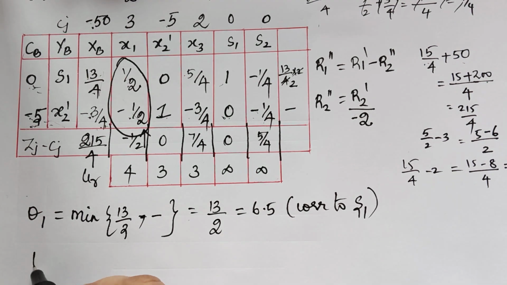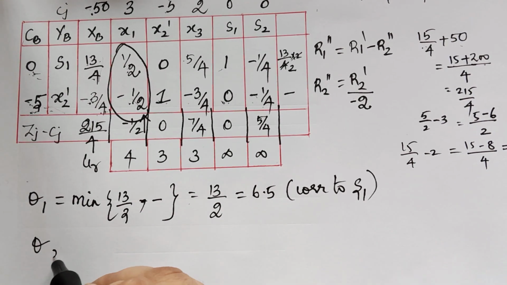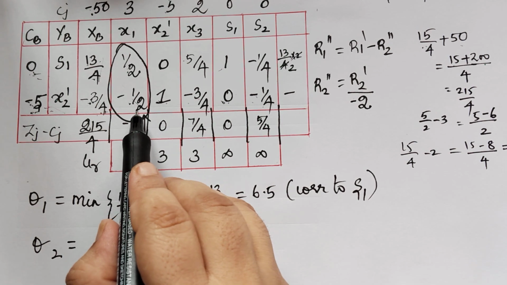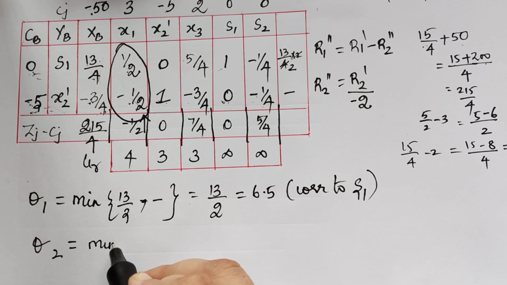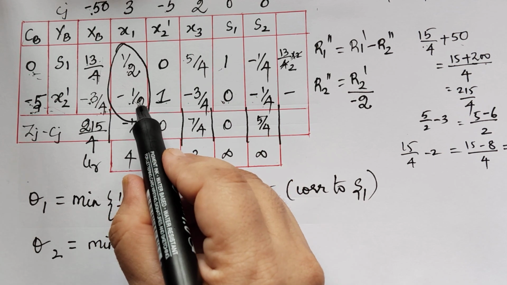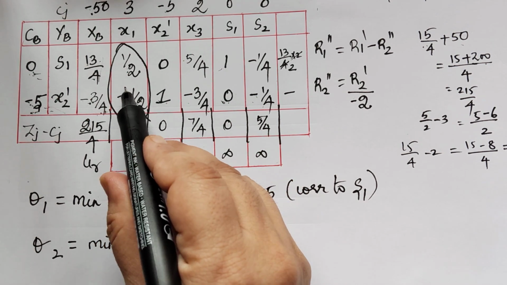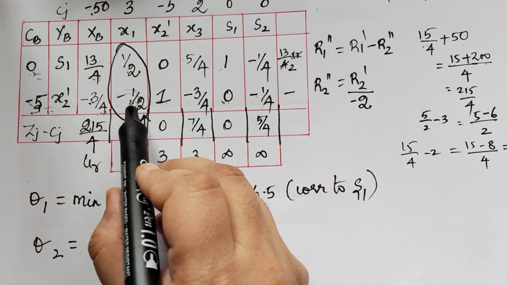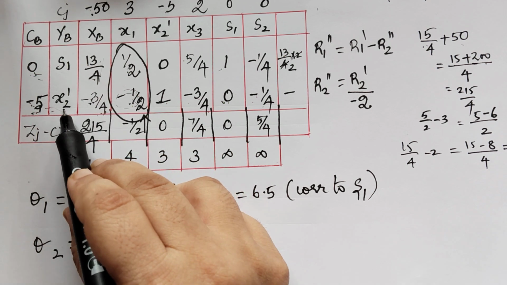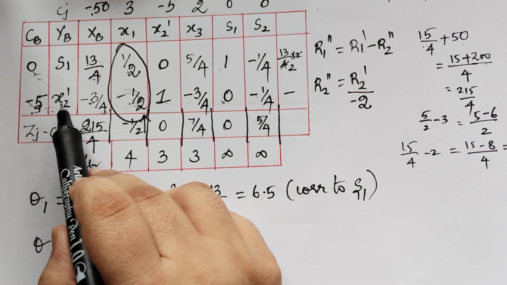After finding theta 1, we have to find theta 2. So theta 2 we have to find for the negative value. Yes, we do have a negative value. So that will be the minimum of, first we have to write the upper bound of the variable corresponding to this negative value. What is the variable corresponding to it? It is x2 dash.